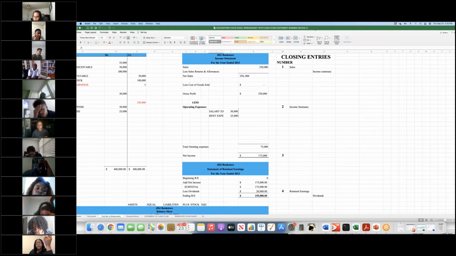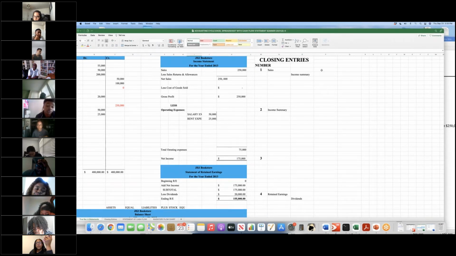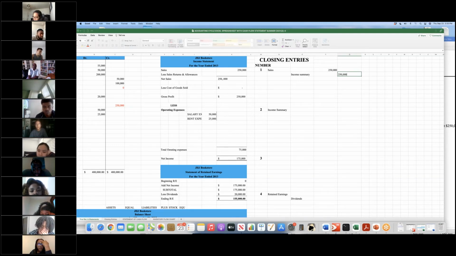And so in the first closing entry right here, we're going to debit sales for $250 because we've used it, we finished with it. We're going to credit this temporary holding account income summary for $250. That's closing entry 1, debit revenue and credit income summary.